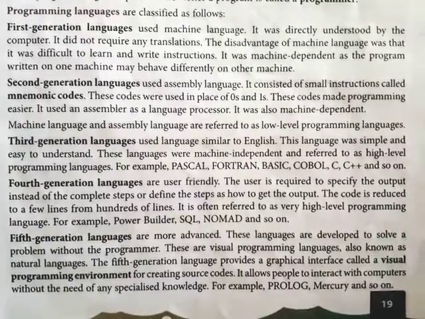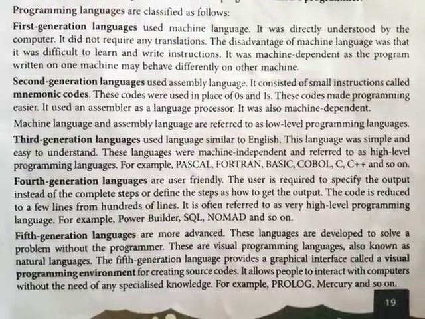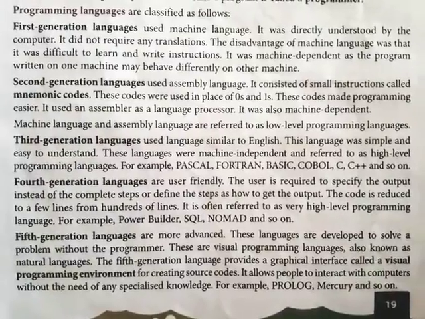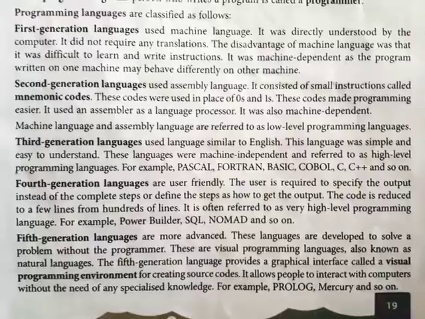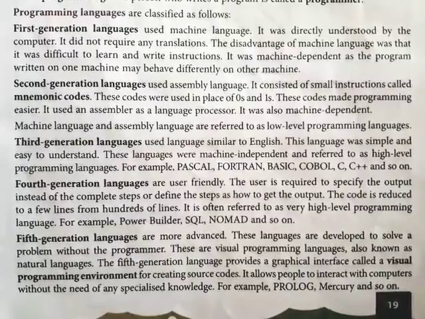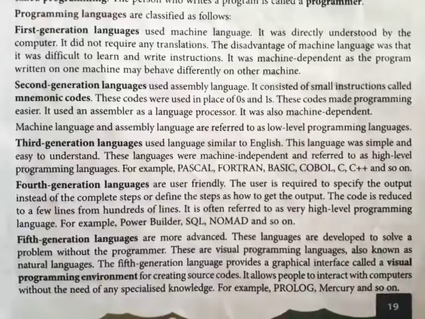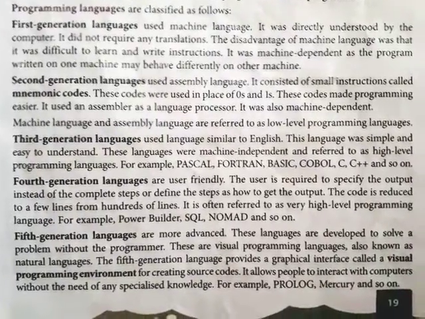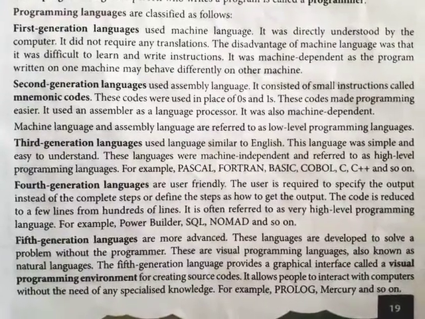It was machine dependent, as the program written on one machine may behave differently on another machine. Okay, so one program written on one machine cannot be executed on the second machine because it may behave differently on that computer.